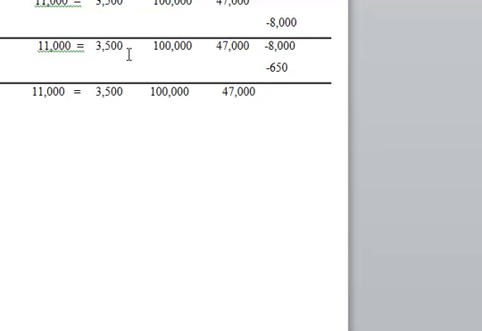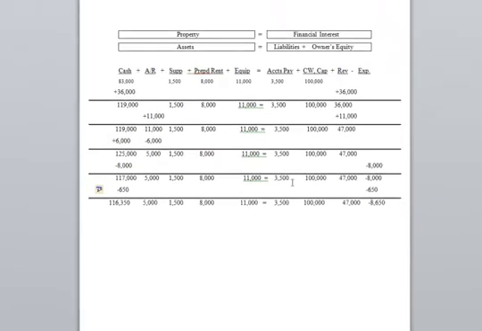We had $8,000 in salaries and $650 in utilities. Together our expenses totaled $8,650, but when we add and subtract across, we're going to subtract those out so our equation stays in balance.